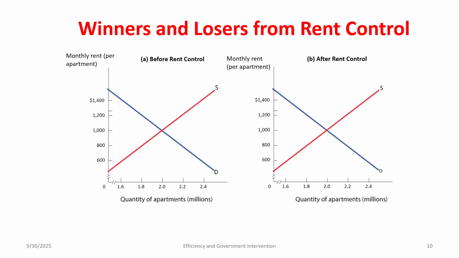However, is anybody going to be able to buy a unit past this point? Well, can I rent an apartment if nobody is willing to supply any apartments past this quantity? No. So a price ceiling creates a shortage, but the new quantity in the market will be dictated by how many apartments or how many of this good the supplier is willing to put out there.